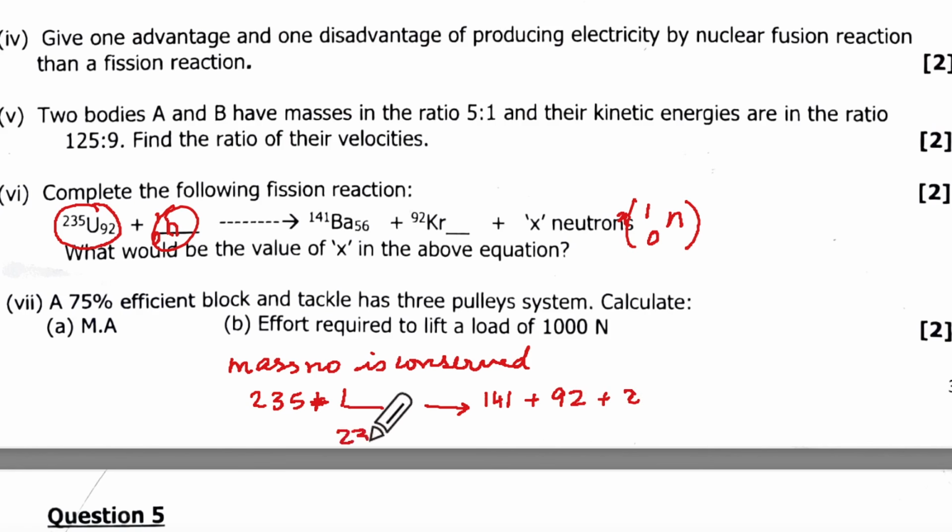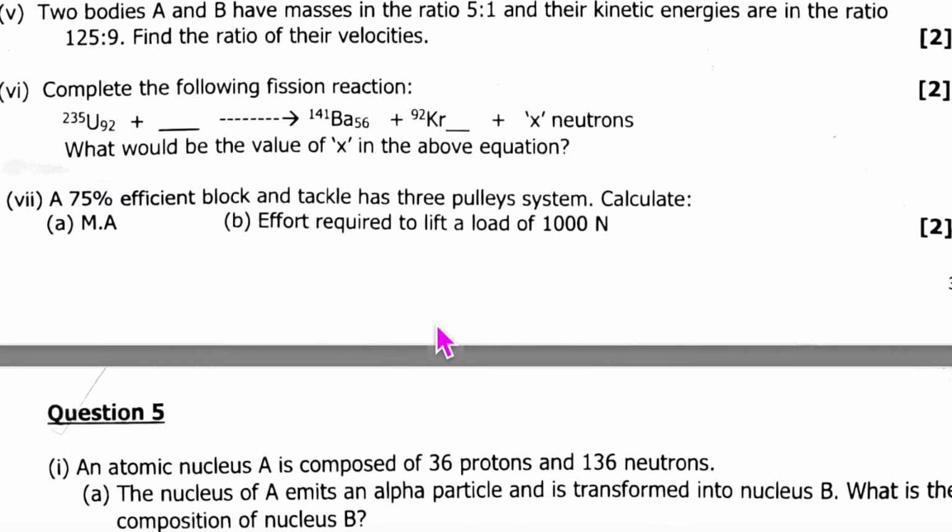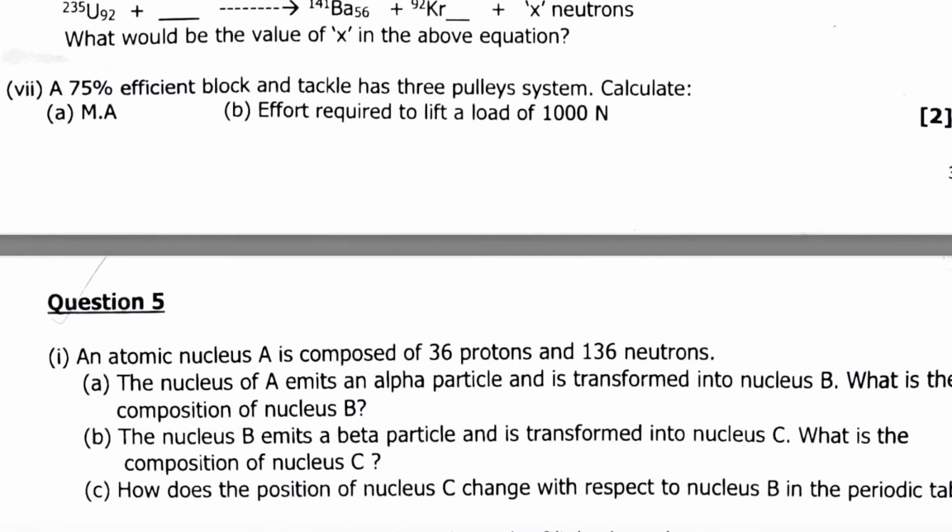Now this will be 236 is equal to x plus 233. So x will be equal to 3. So 3 neutrons. Understanding? You will have to learn up these reactions of fission and fusion.